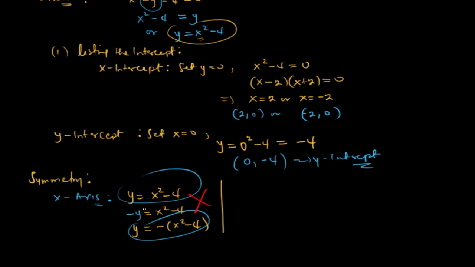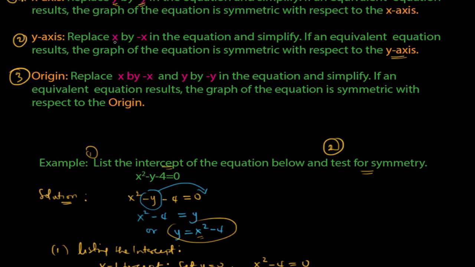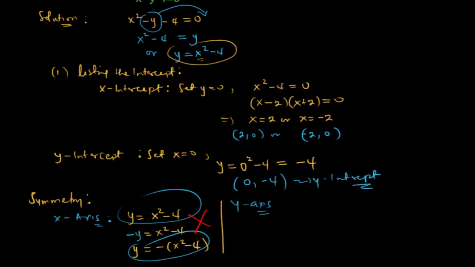So let's keep on going. Let's check symmetry with respect to the y-axis. Now, to check for symmetry with respect to the y-axis, all we need to do, according to what we have here, is to replace x with negative x. The original equation is y equals x squared minus 4. So we replace x with negative x.